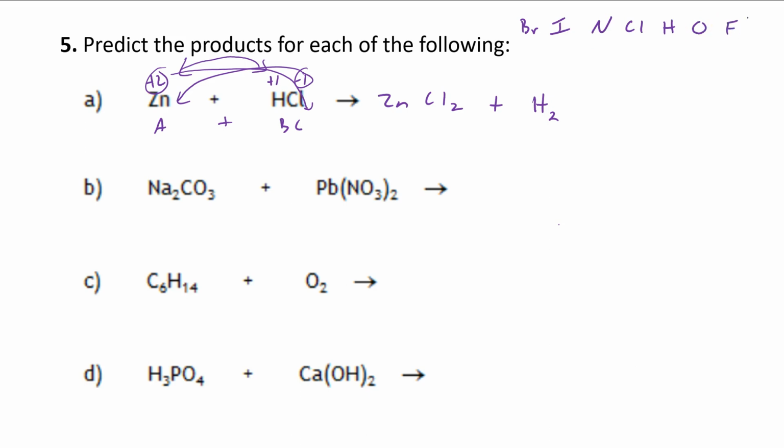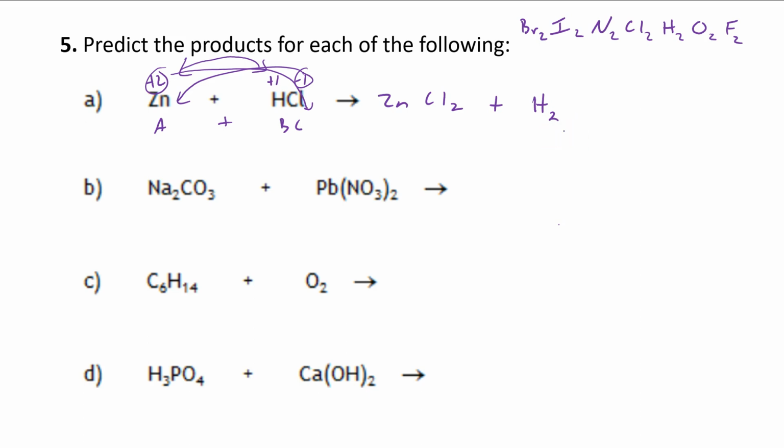Brinkelhoff is the little acronym I taught you. That just means that each of these, when they're by themselves, are diatomic. I don't want to go into the bonding reasons for that right now, but that's just what they do. So that's why I would need that little 2 by that hydrogen.